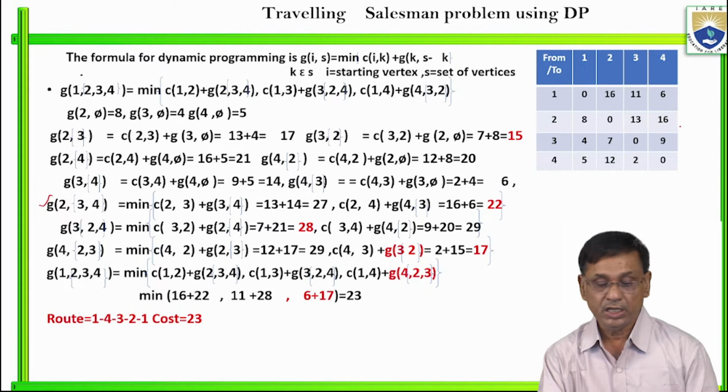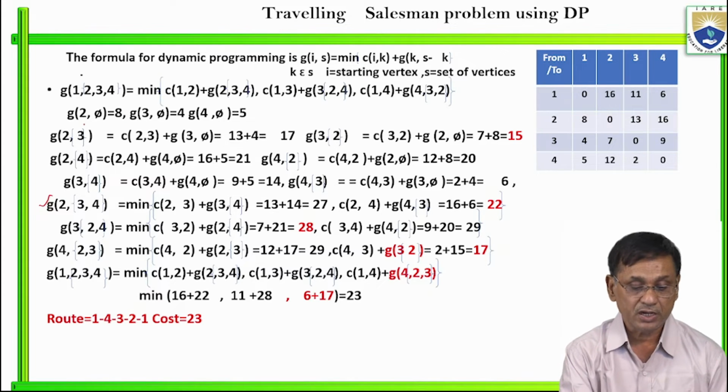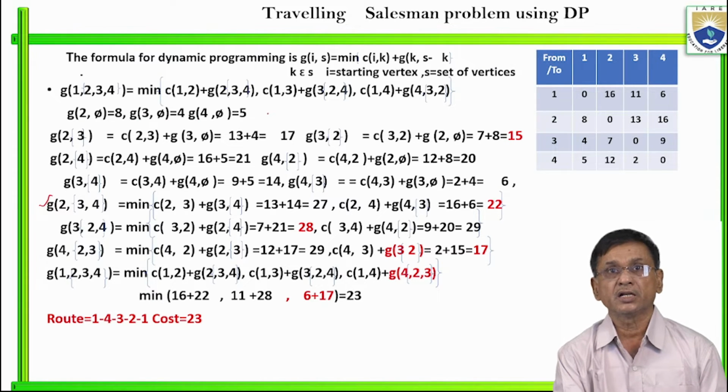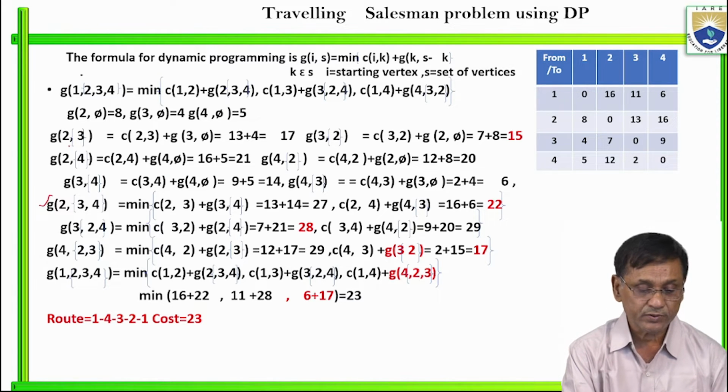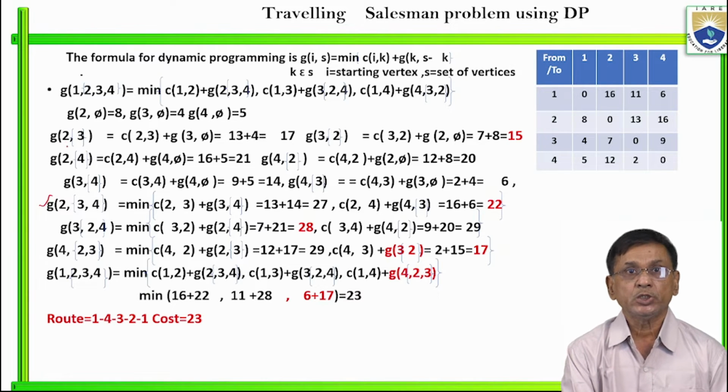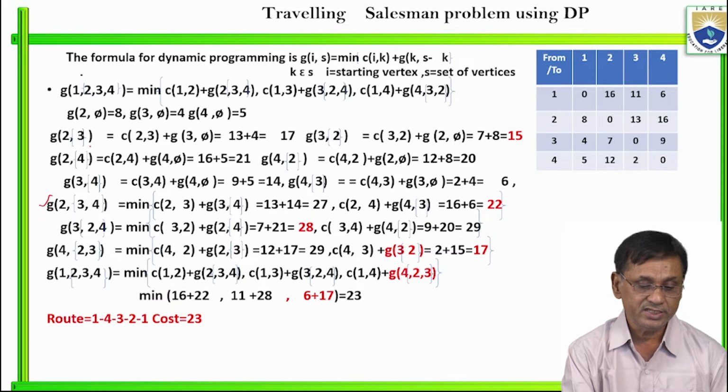So from the table we can find out the values of cost of going from 2 to 1, 3 to 1, and 4 to 1, which are known. After that we have to calculate the cost of going from city 2 to the remaining set of vertices, that is 3.